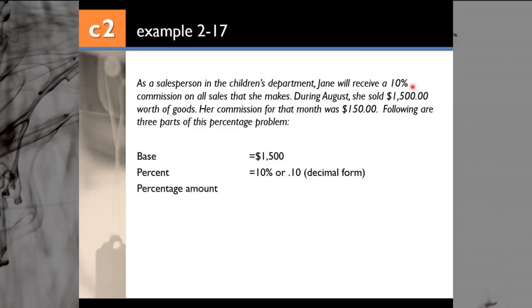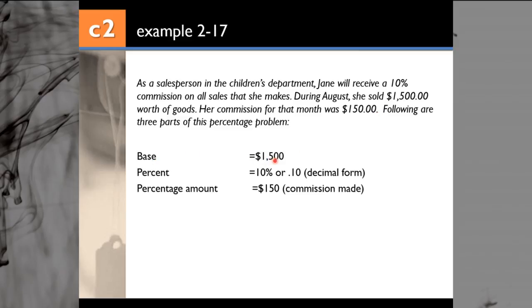Third, percentage amount. That may be the question that people will ask you. If the base and percent are given, can you calculate the percentage amount, which is already given in this example? That is $150, the commission she made, which is calculated based on the base and the percent.